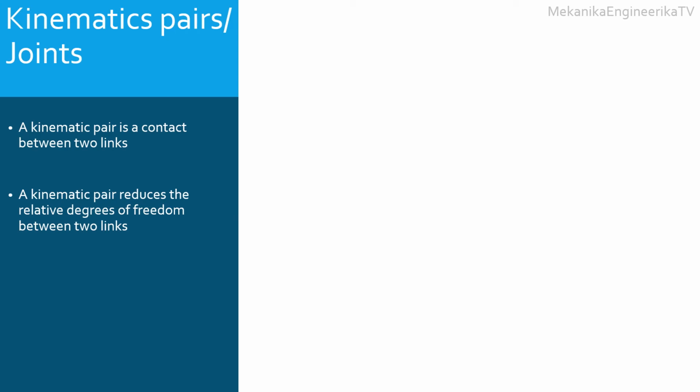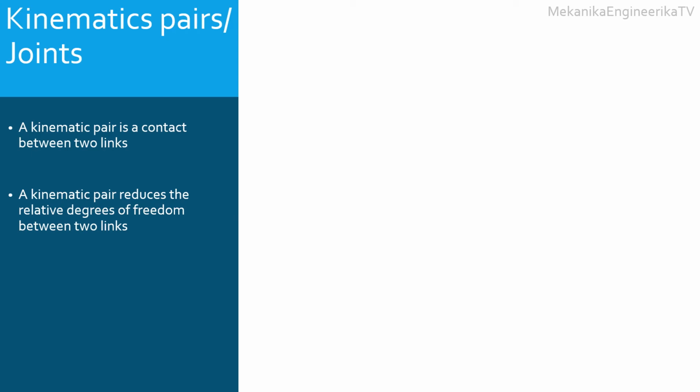Without a joint, 2 links move independently of each other. In planar motion, one link has 3 degrees of freedom relative to another link: 2 translations and 1 rotation. Using a joint or kinematic pair reduces the relative degrees of freedom down to 1 or 2.